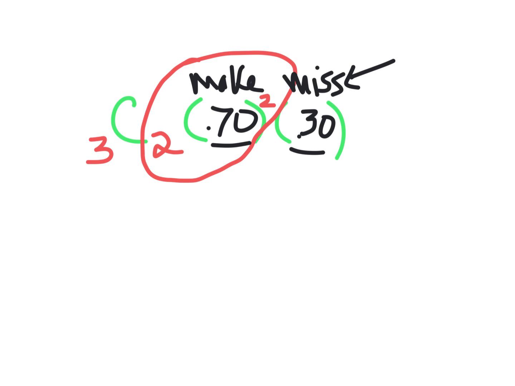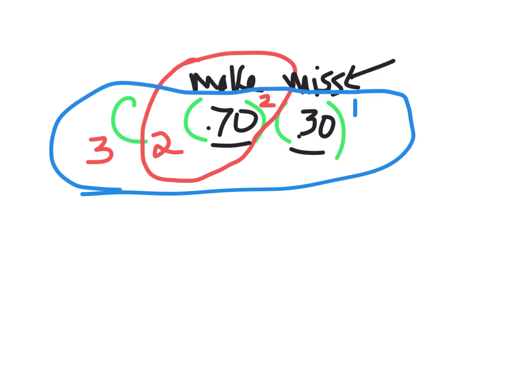And if I made 2, I must have missed 1. You think you could type that in and get that answer on a calculator? Cool. Then that's a really complicated question most people off the street would not be able to answer, because you've got to know this little formula, this little binomial thing to do it. Okay. That's one probability question.